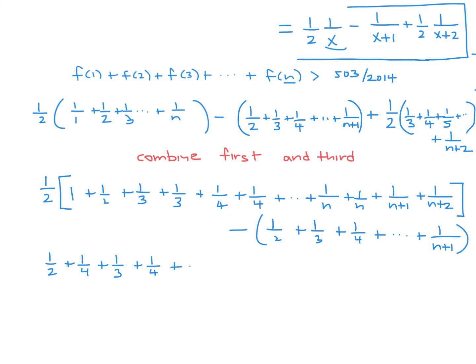So you see what's happening? And then similarly, once you get down to here, it'll be 2 over n, but then once you multiply by that half, it'll be just 1 over n. And then at the very end, these guys, there's only a single of them, so it'll be 1 over 2 times n plus 1, and then 1 over 2 times 1 over n plus 2.